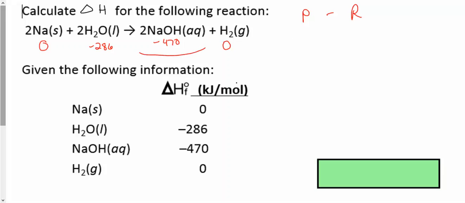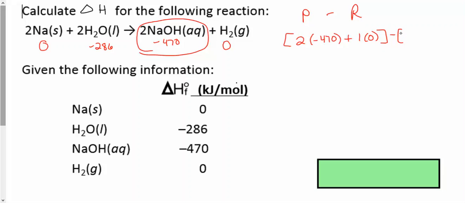We have 2 moles of NaOH times negative 470 plus 1 mole of hydrogen times 0, and that's our products. Subtract our reactants from that.